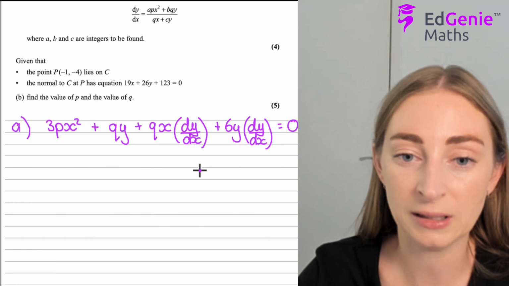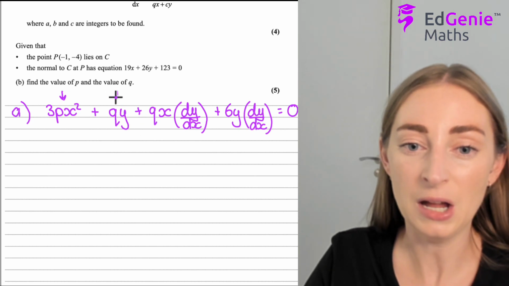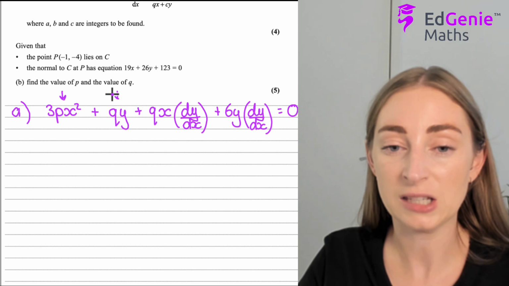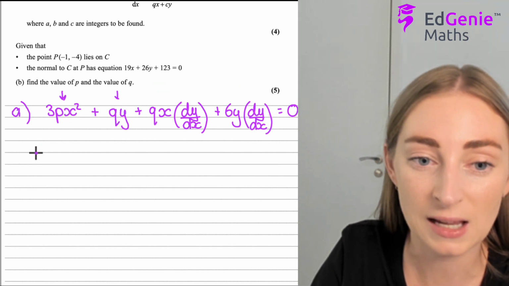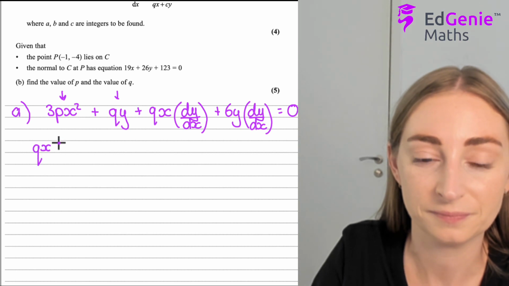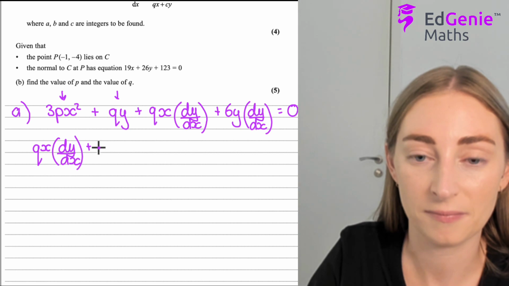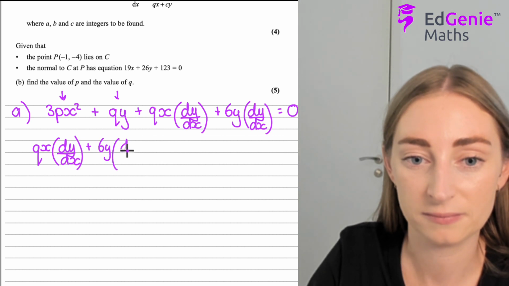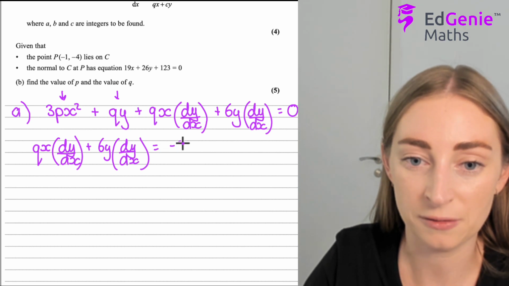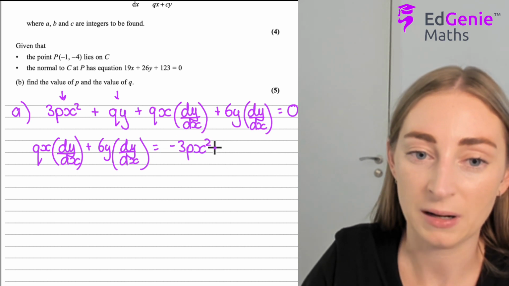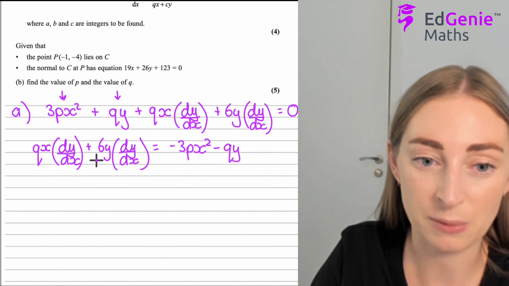Now we can do a little bit of rearranging. So I'm going to take these two terms separate, so onto the other side, so that we're just left with this. So if I take away these two terms from both sides, I will get minus 3px squared minus qy. Then I'm going to factorise dy by dx.